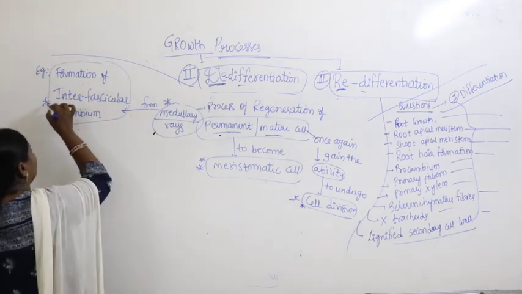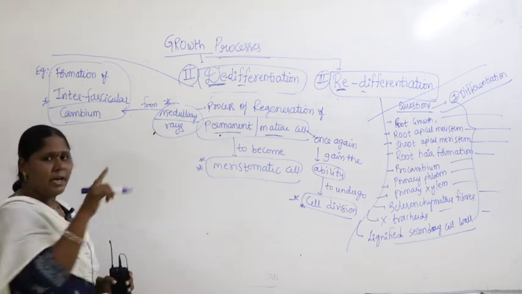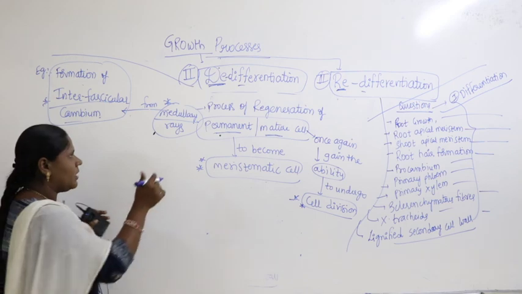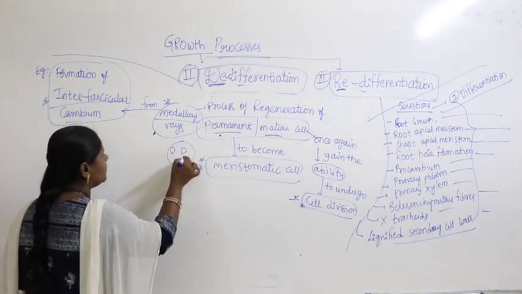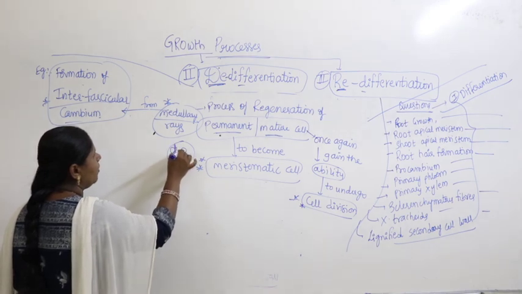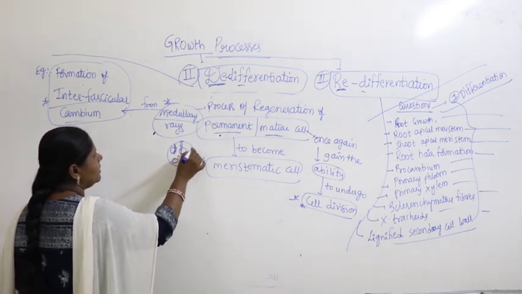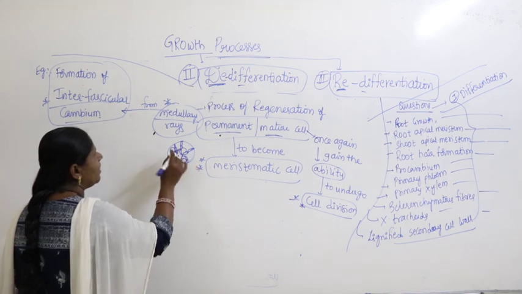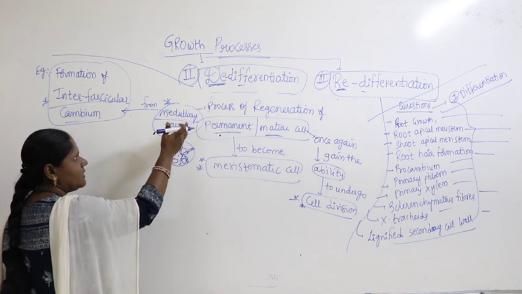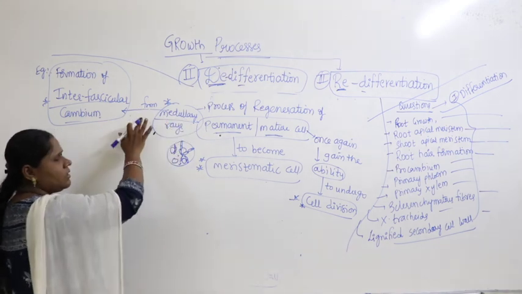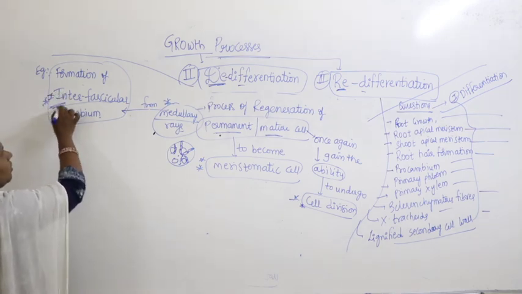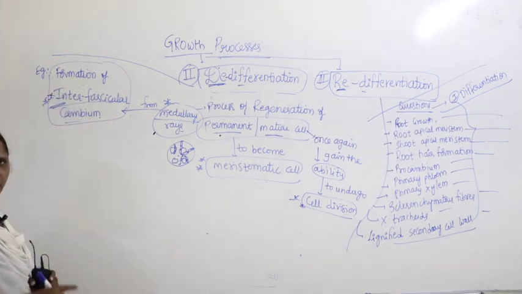You know very well, in the dicot stem, in between two vascular bundles, what you find is medullary rays. These are the vascular bundles, this is the pith here. These medullary rays become meristematic. They are permanent parenchymatous cells, but once again they become meristematic to undergo cell division, leading to formation of interfascicular cambium.